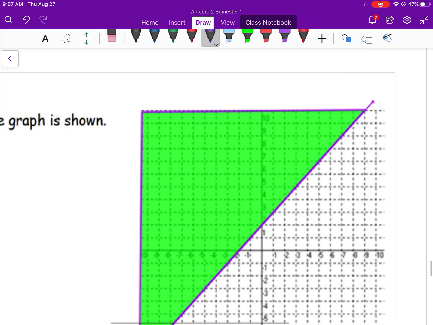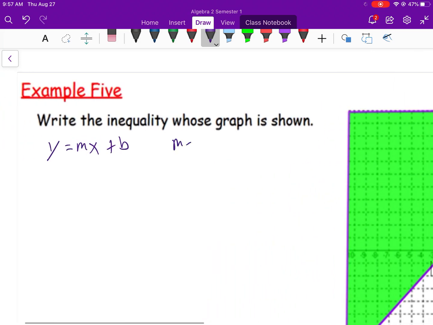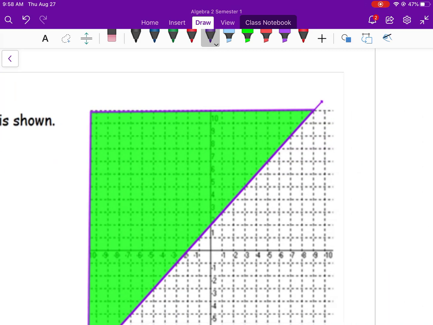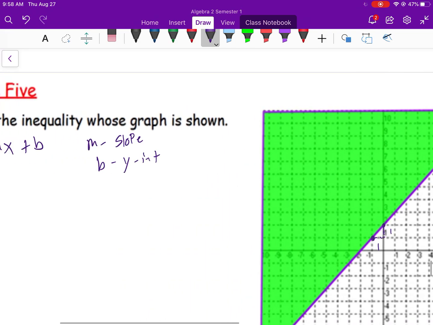Okay, in order to do that, then, if you remember, m is slope. b is your y-intercept. Okay, so we pick 2 points. Rise over run. Okay, rise is 1, run is 1.